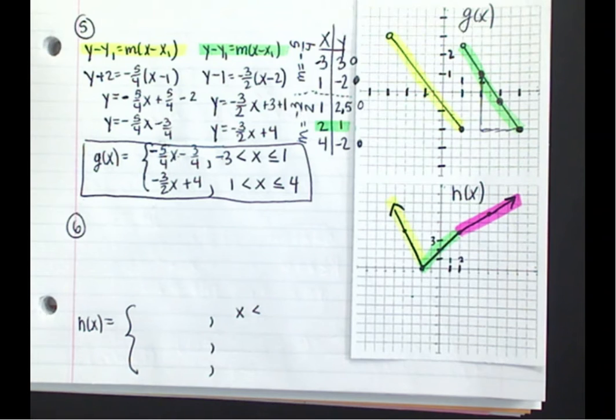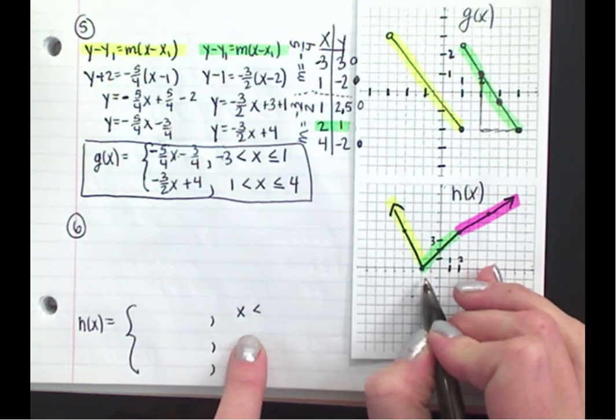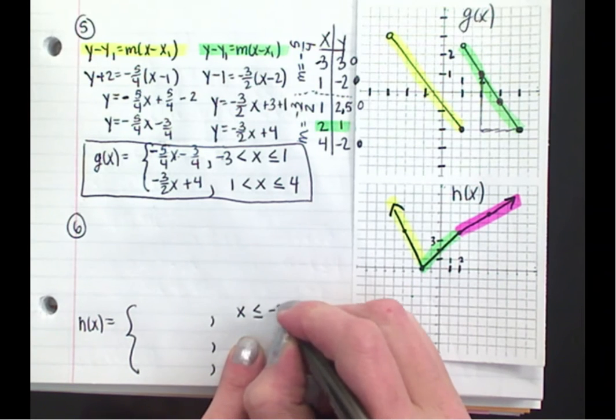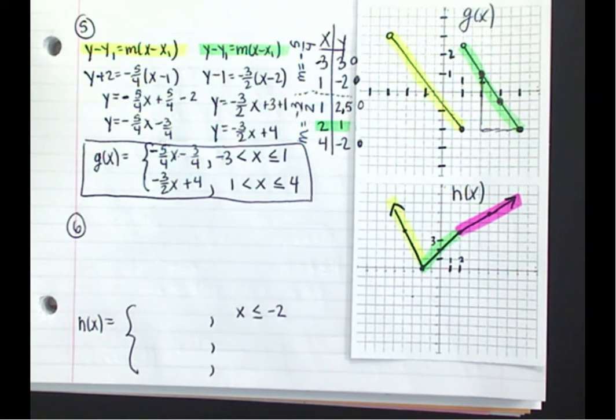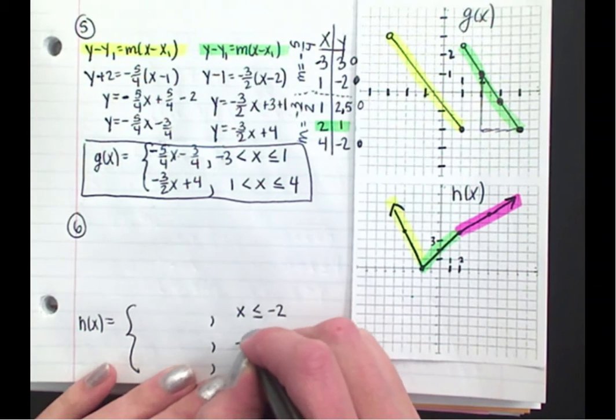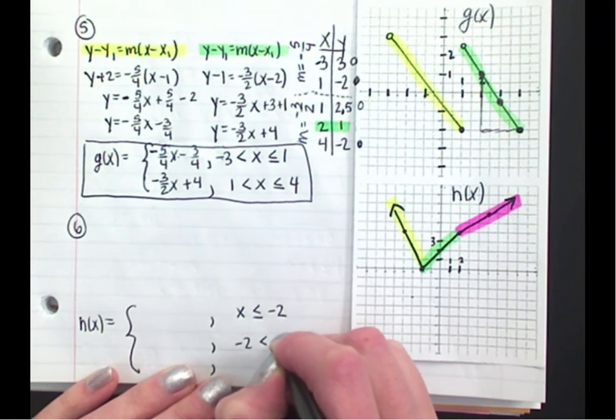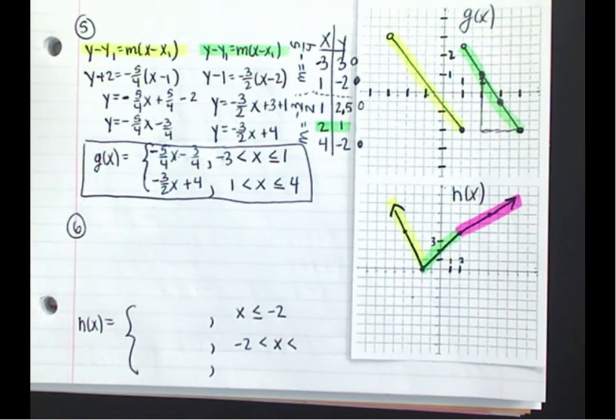This is a function, guys. You may not repeat x's, which means if I'm going to include -2 on the yellow line, I need to exclude it on the green line. You cannot repeat x's. This is a function. One x only.